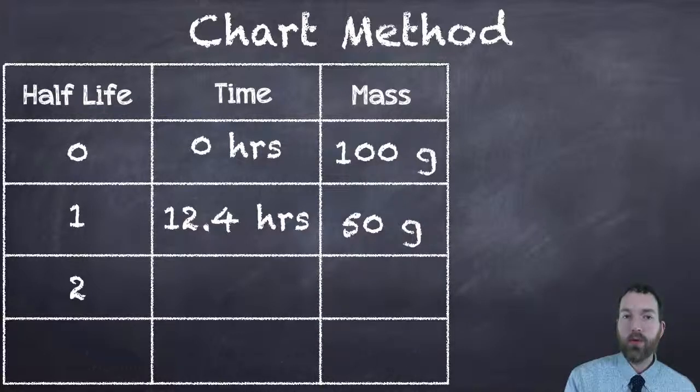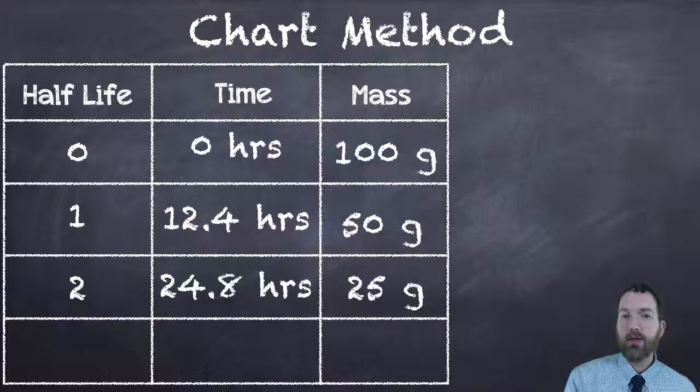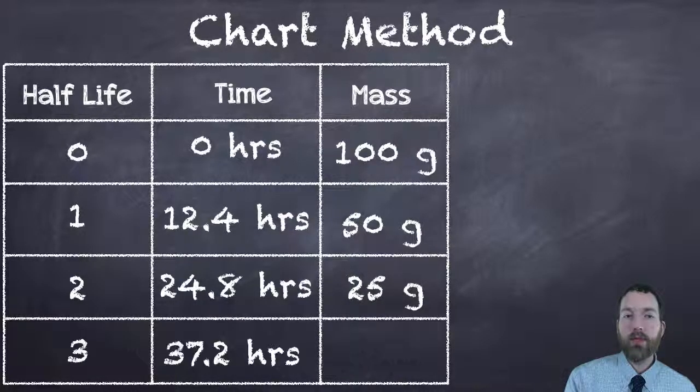So 12.4 plus 12.4 is 24.8 hours. And half of the remaining mass is going to be left after the decay, 50 down to 25. I need to go one more half-life to get to 37.2 hours, which is what they said in the problem, and I'll have half of my remaining mass left.